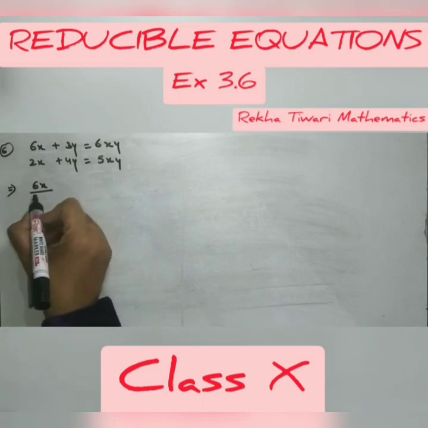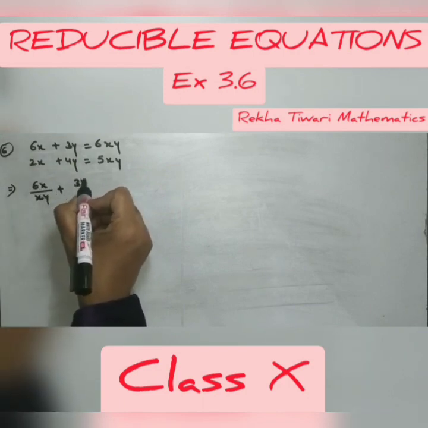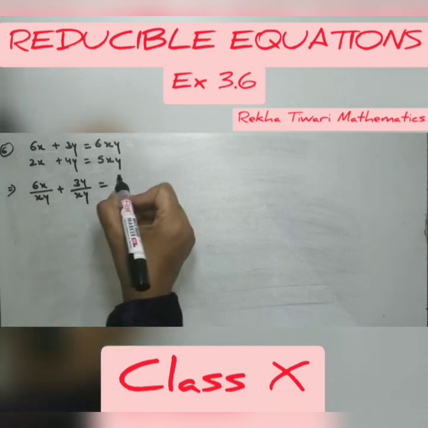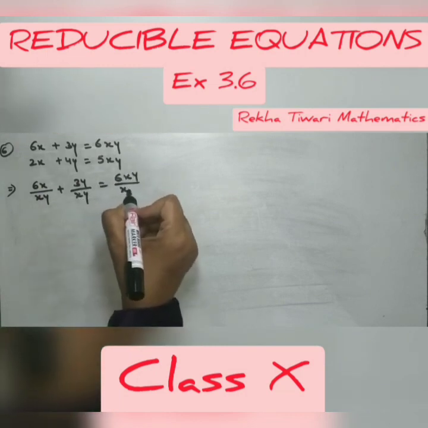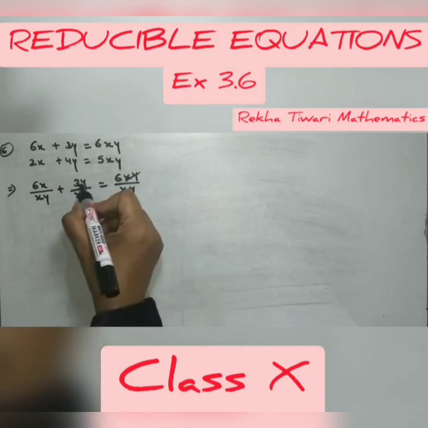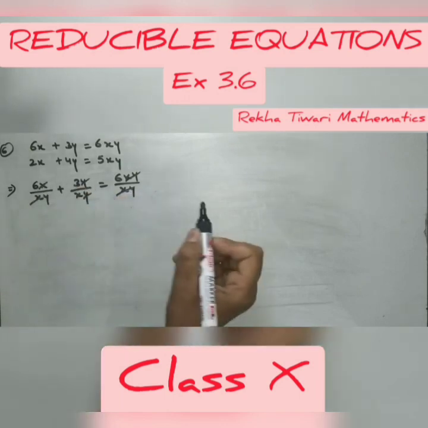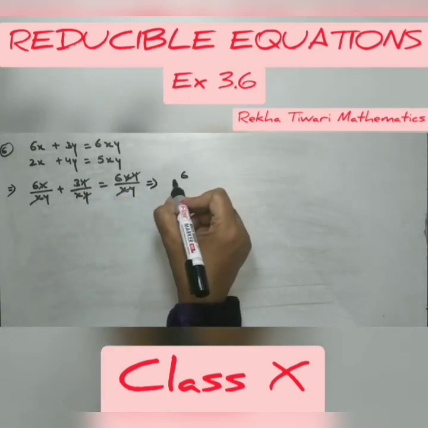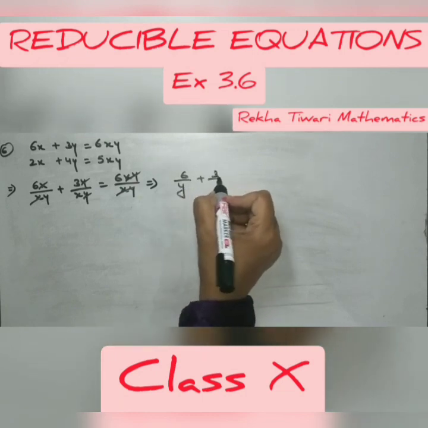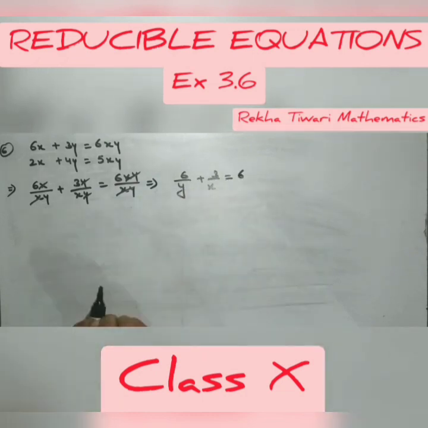So this is 6x upon xy plus 3y upon xy equal to 6xy upon xy. Xy cancels xy, here y cancels y, here x cancels x. So equation changes to 6 upon y plus 3 upon x is equal to 6.